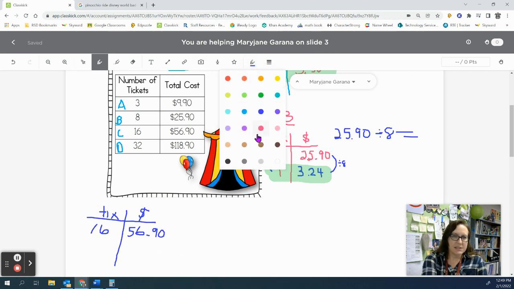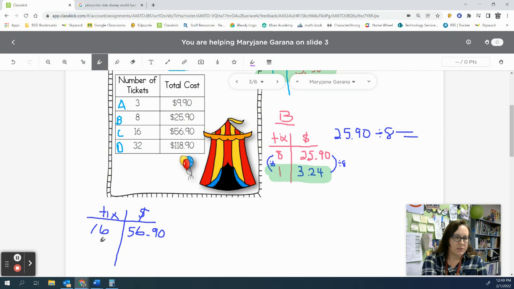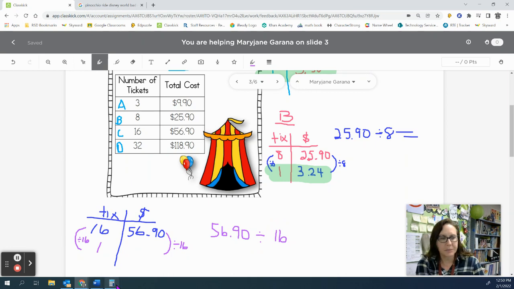Okay, to get this to go down to one ticket, we have to divide 16 by 16. What do we divide 56.90 by? We divide it by 16 also. So 56.90 divided by 16 equals, let me write it over here, 56.90 divided by 16. Type that into your calculator. What do you get?